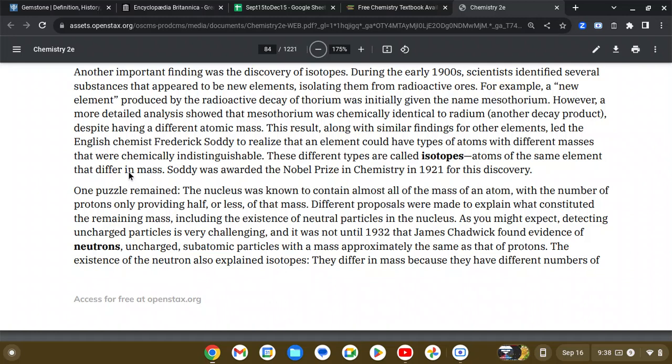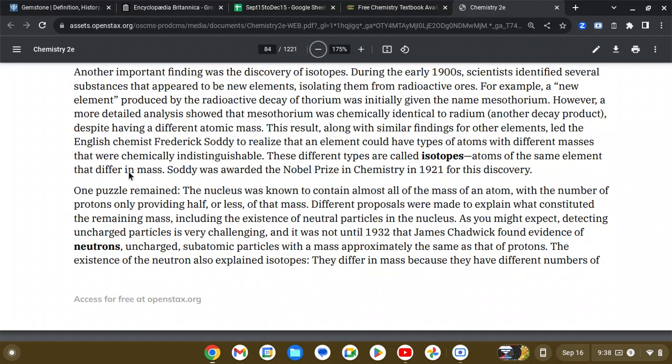One puzzle remained. The nucleus was known to contain almost all of the mass of an atom, but the number of protons only provided half or less of that mass. Different proposals were made to explain what constituted the remaining mass, including the existence of neutral particles in the nucleus.